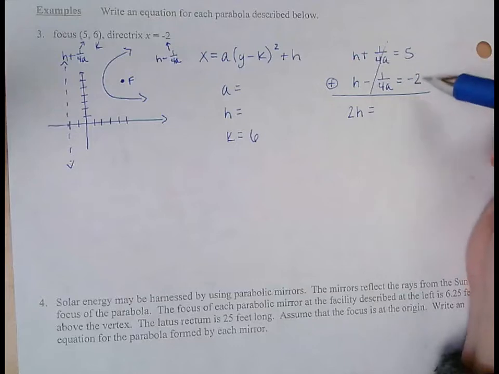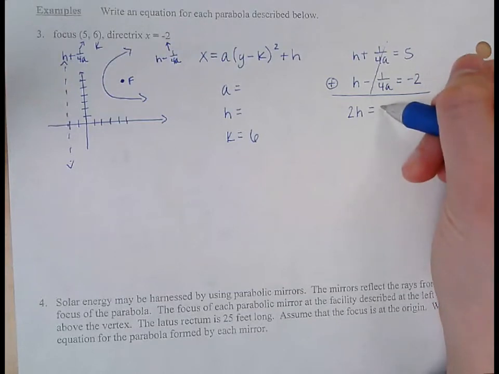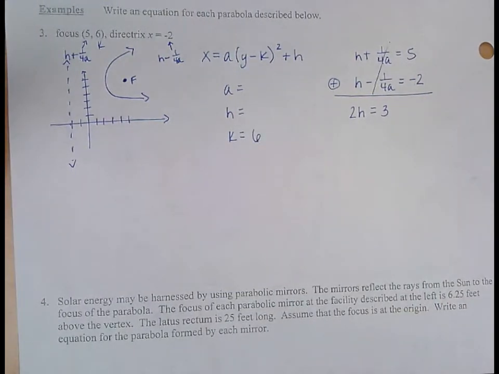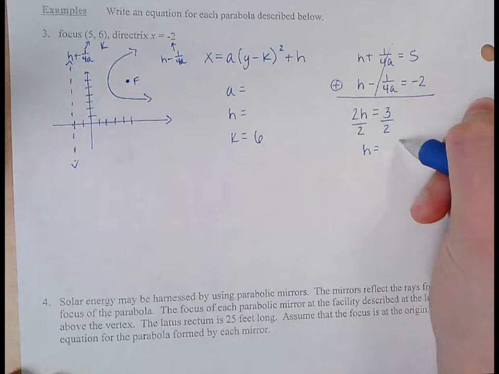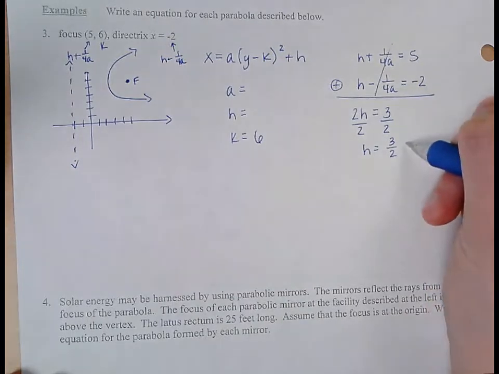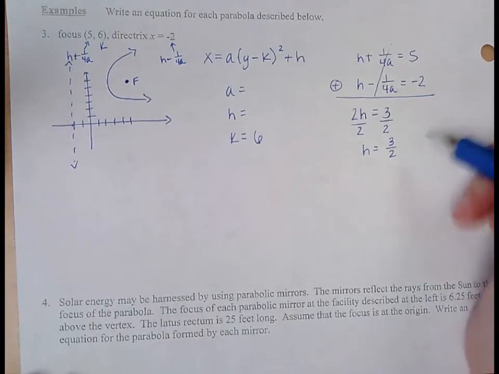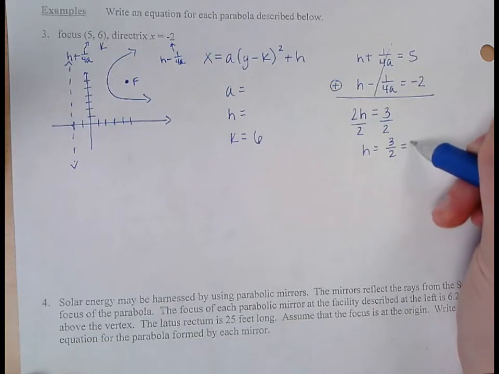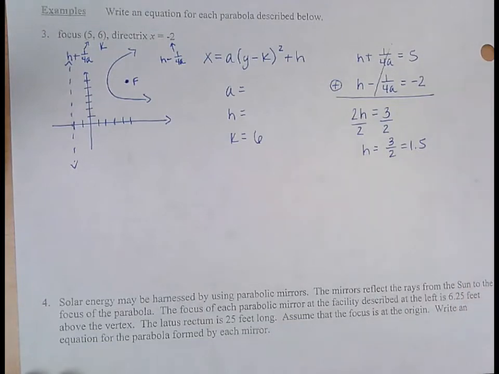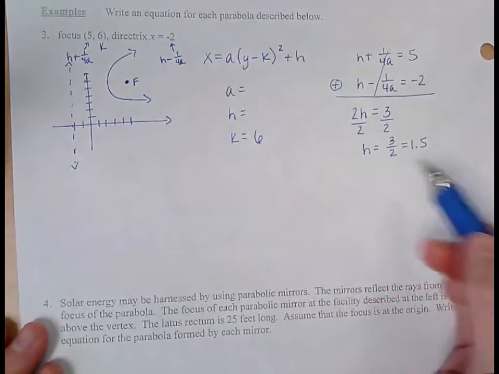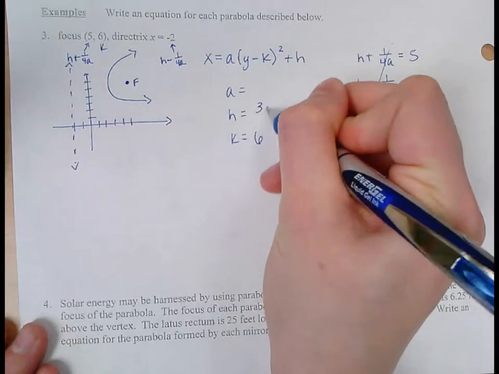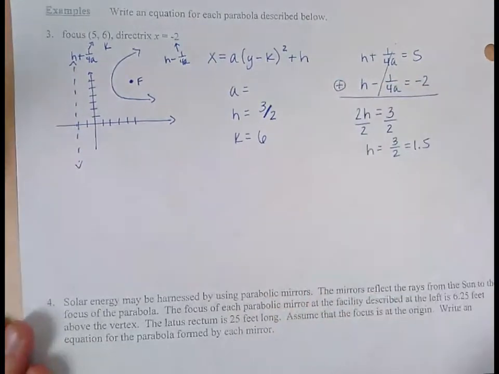And then 5 plus negative 2 is 3. Solve for h, divide by 2. So h is 3/2, or if you wanted to write h as a decimal, you could write 1.5. I'll leave it as a fraction. I'll leave it as 3 over 2. So we have h.